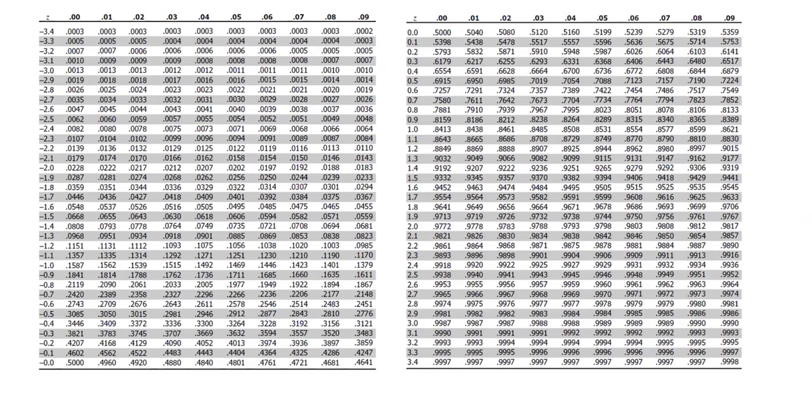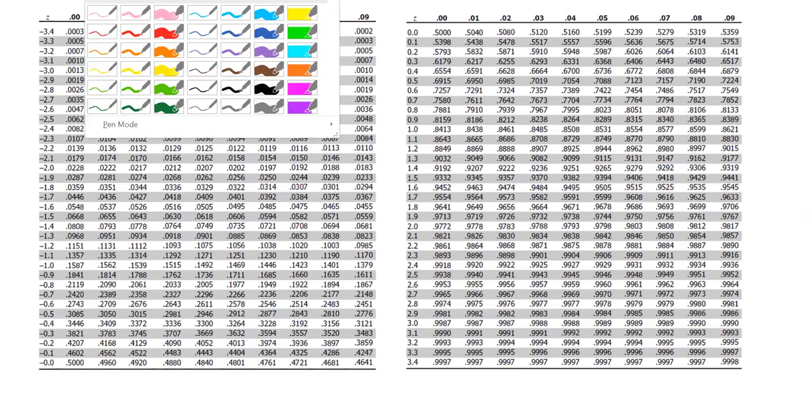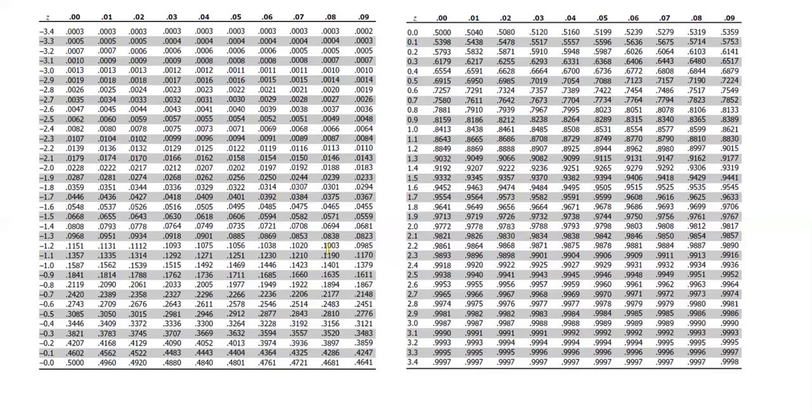I'm scanning through this and I find that this seems to be the closest. Look at its corresponding z-score: down, left, and up. That comes out to be negative 1.28. So for 0.1, the closest we can find is 0.1003.